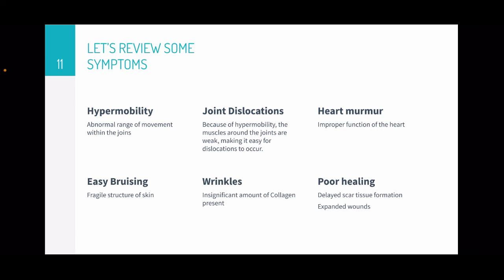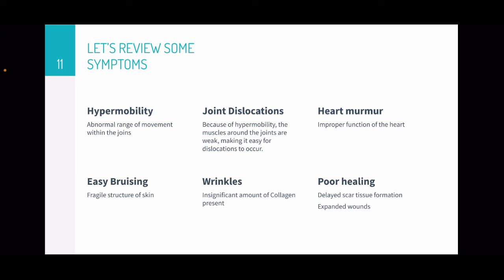Another thing is heart murmur. Some symptoms included the heart functioning improperly. I didn't get too deep into my research with this one, but in general, there are heart issues involved. Another one is easy bruising.